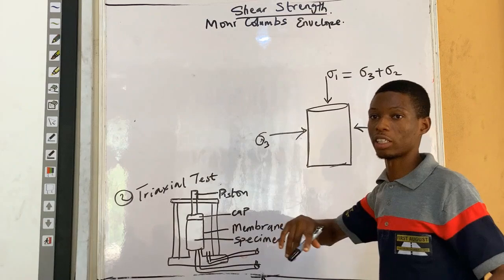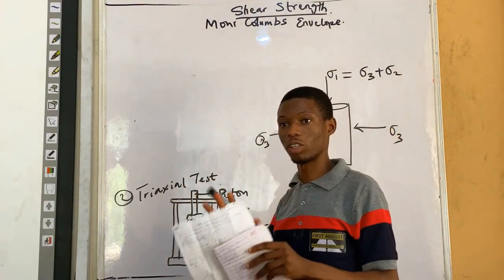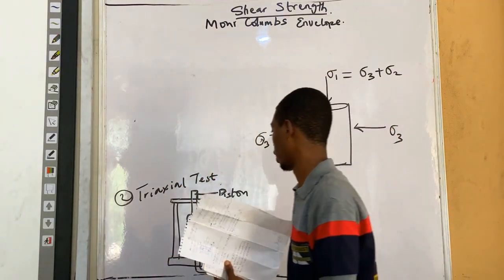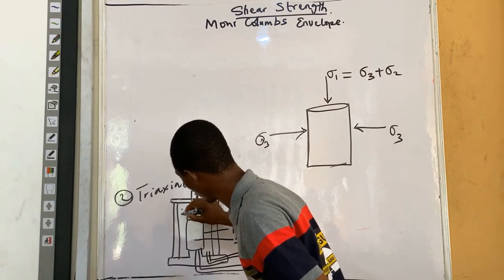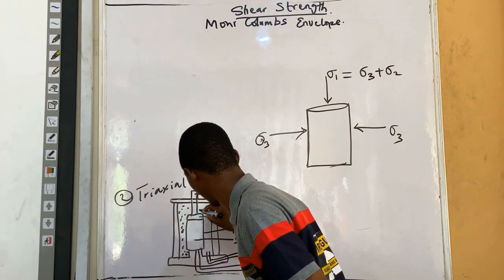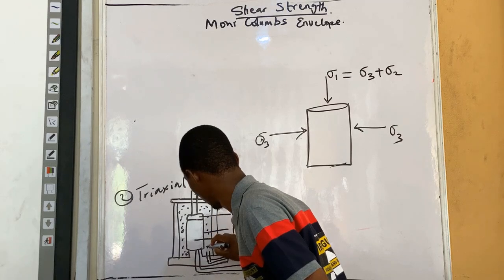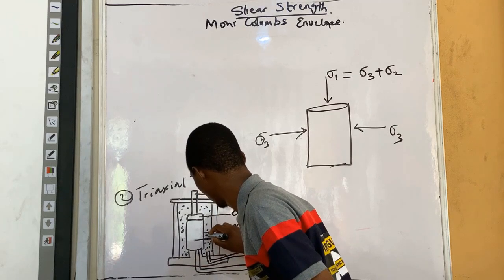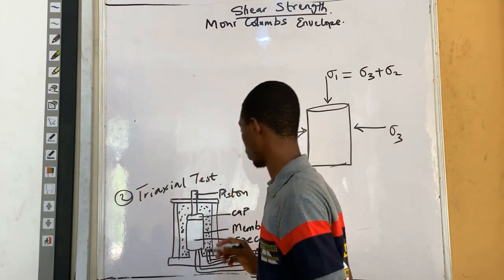So this cell pressure is like the surrounding soil that is simulated here as water.